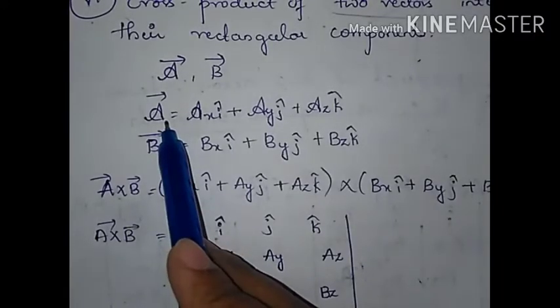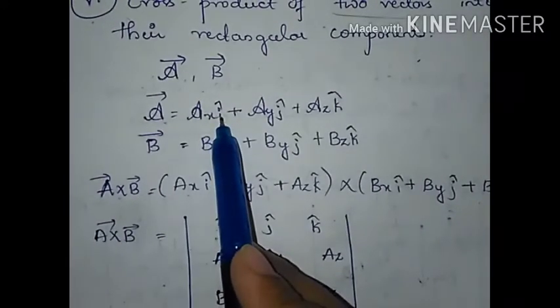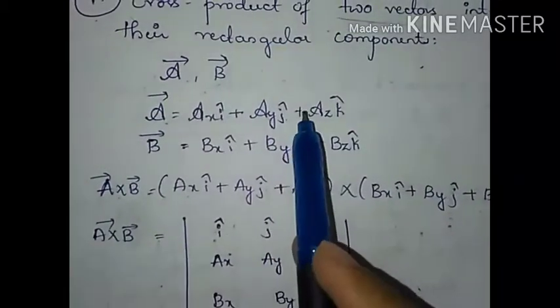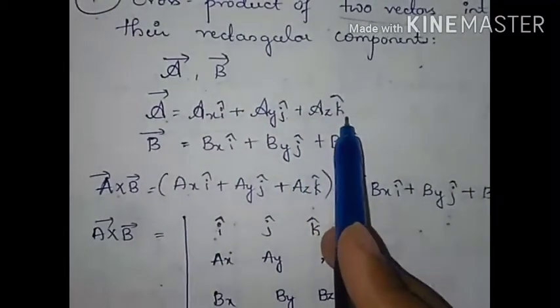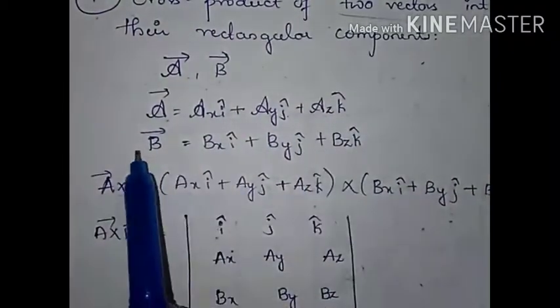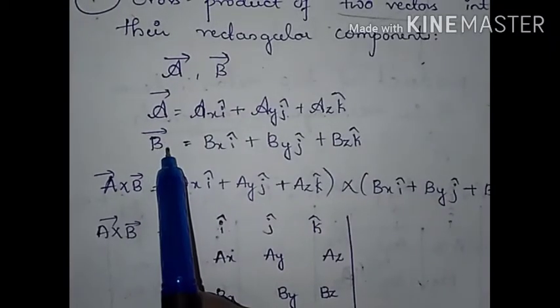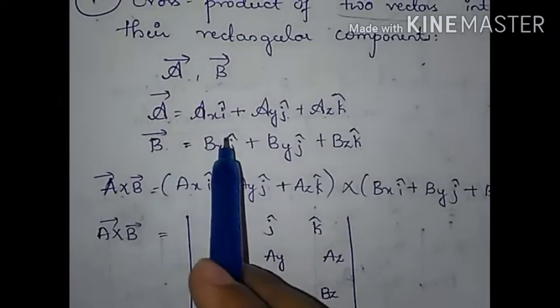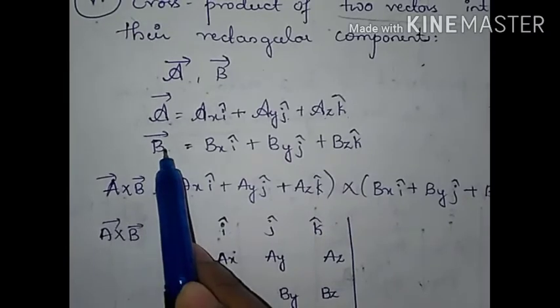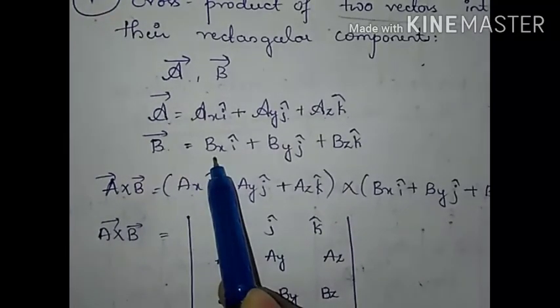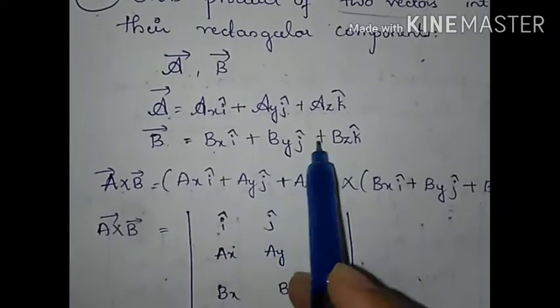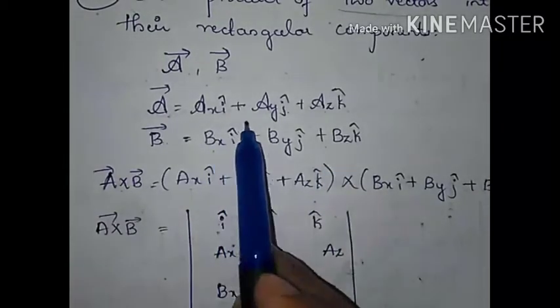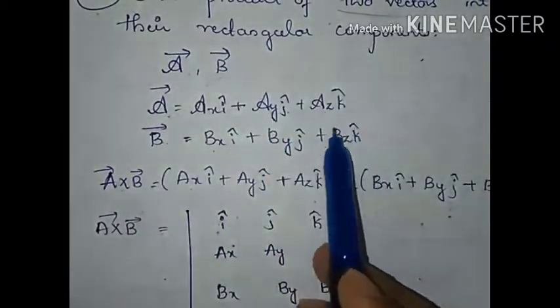So A can be written as Ax i cap plus Ay j cap plus Az k cap. In the same way we can write the B vector also. So B can be written as Bx i cap plus By j cap plus Bz k cap. What do these terms represent?